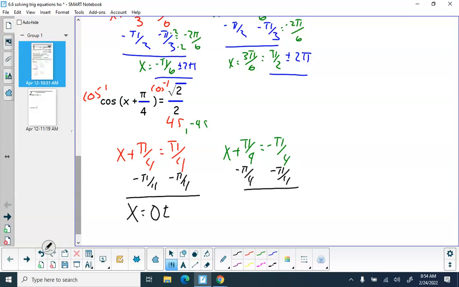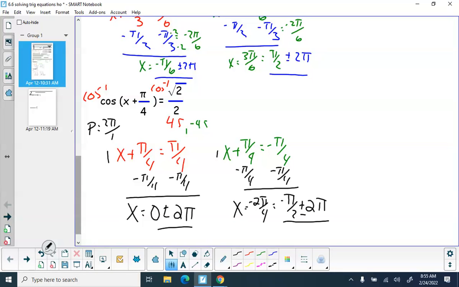And then we have negative 2 pi over 4, which is negative pi over 2, plus or minus the period n. Our b value here is 1, so the period is 2 pi divided by 1, which is 2 pi. So here would be our two general solutions.